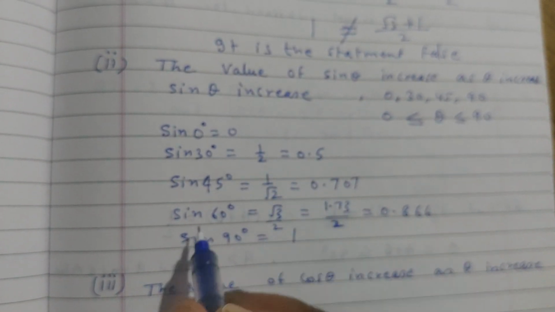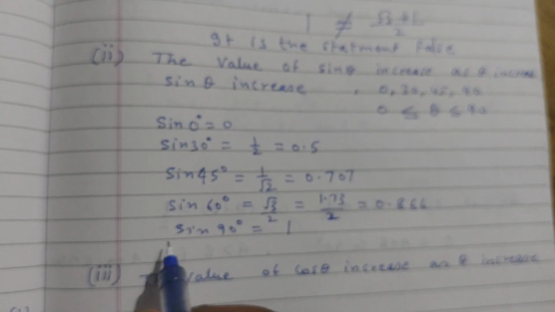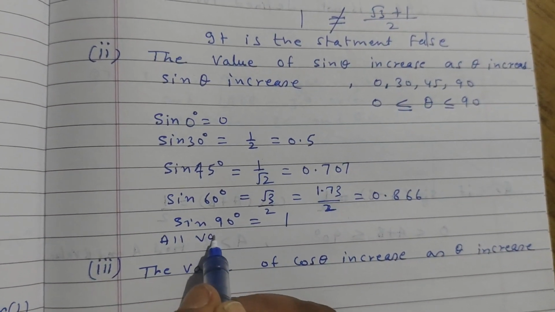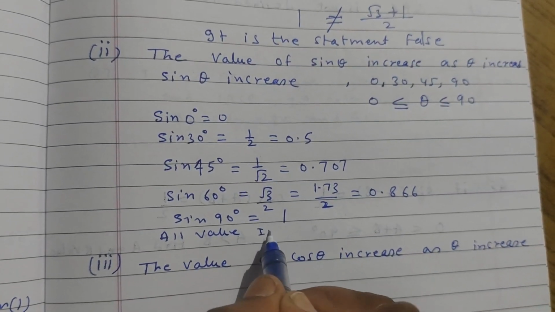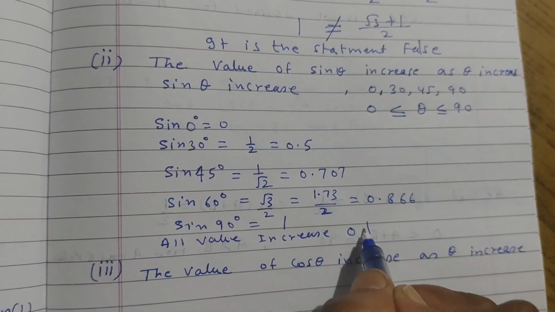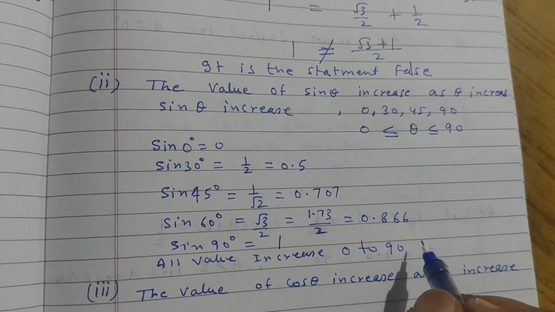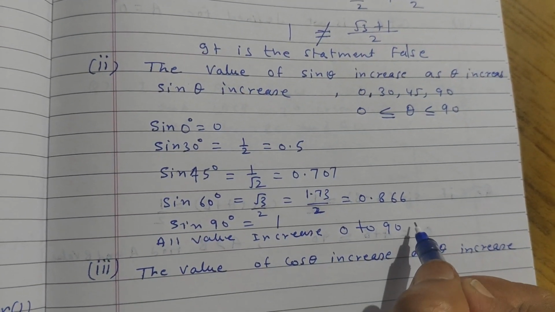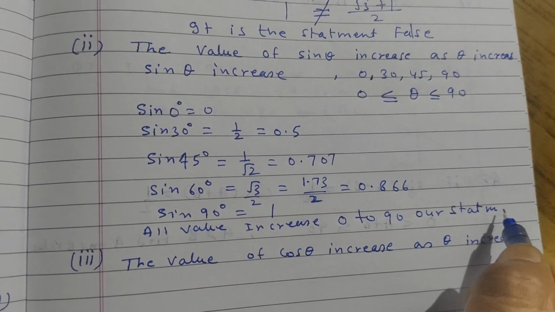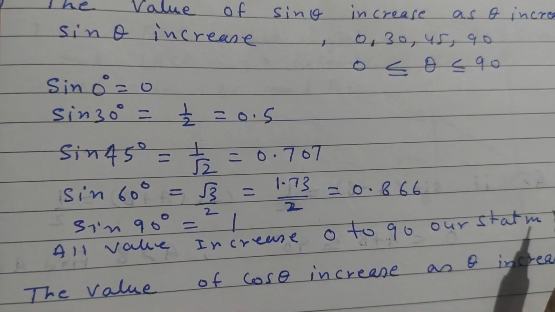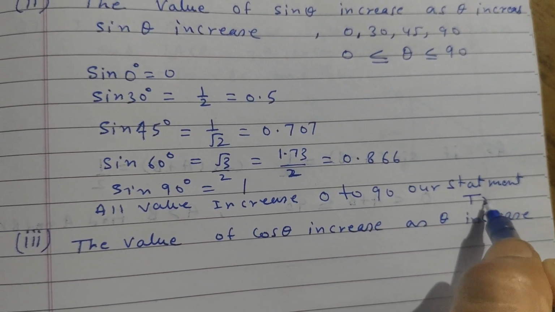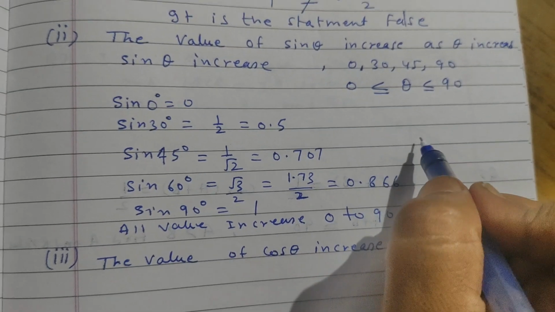So all values are increasing from 0 to 90. So our statement is true.